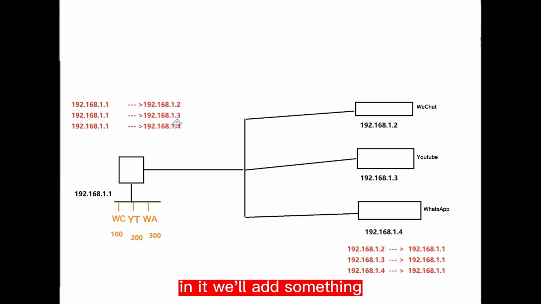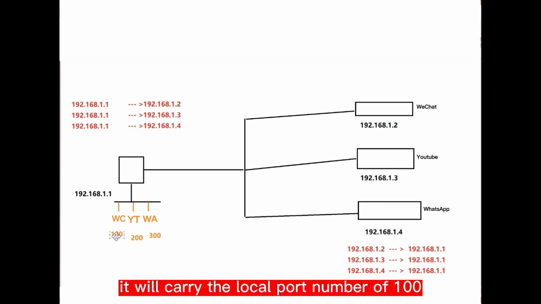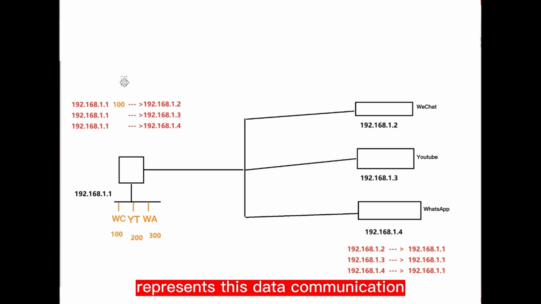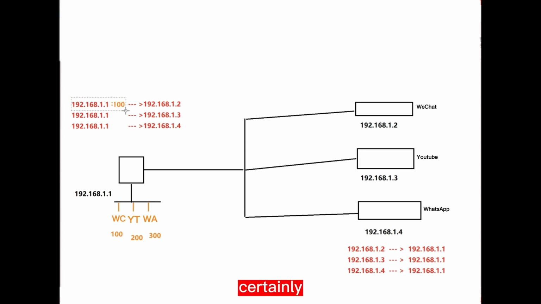In it, we'll add something. For WeChat, when the device accesses 192.168.1.2 locally, it will carry the local port number of 100. It will be preceded by a logo, a colon, which represents that this data communication is initiated by local WeChat.